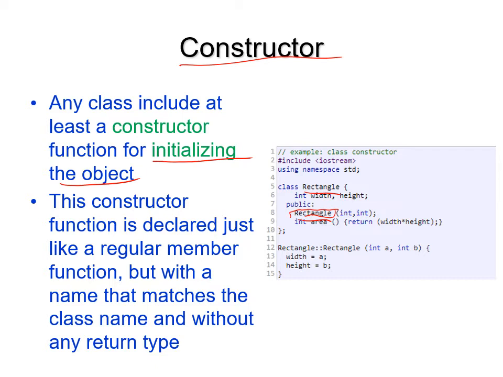Okay. Now you can see that here we are also using the scope operator, because the constructor is declared outside the class. When you declare the constructor, it looks like a regular member function, but the name should match the class name. Okay, and it does not contain any return type.